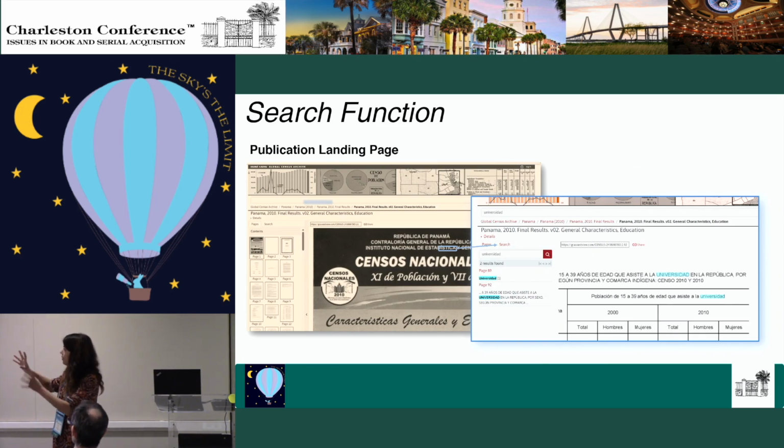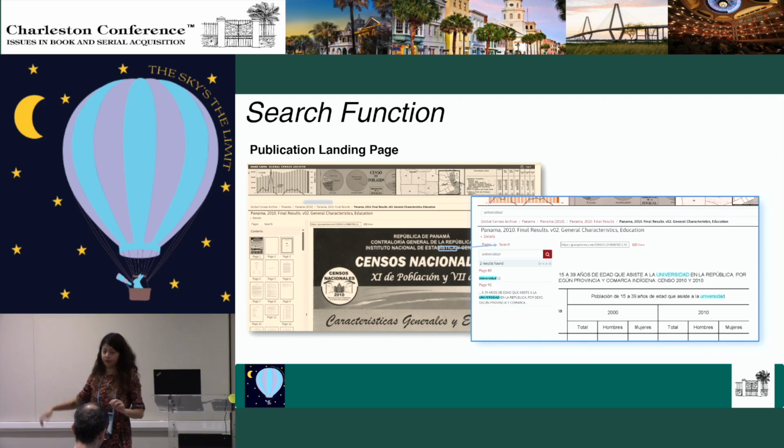The search function, which I mentioned, is a dynamic search function. You type in your keyword, and you can find it in the PDF, in the text, and you can even see it in the thumbnails on the left side of the screen. You see the little thumbnails, and the blue highlight will show on which pages your search word appears.